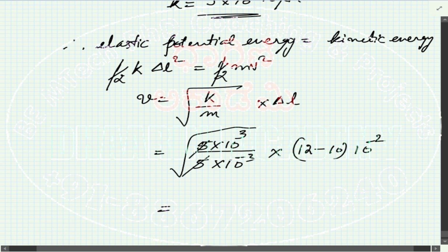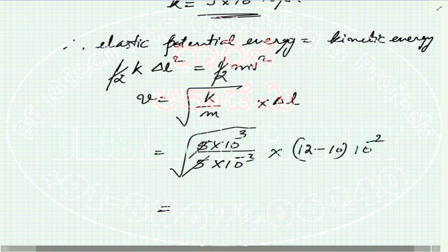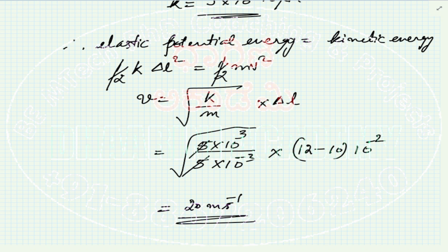So 5 cancels, this is 10 to the power 6, times 2 into 10 to the minus 2. The root of 10 to the 6 is 10 to the 3. So this becomes 20 meters per second, which is the required answer. Alright, let's proceed further. Alright, the next question.